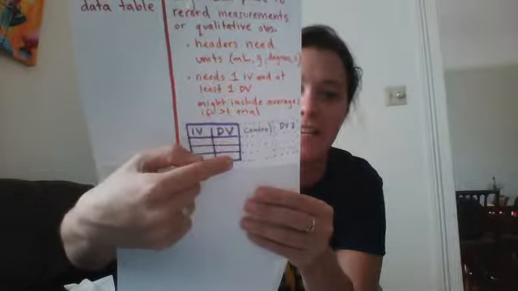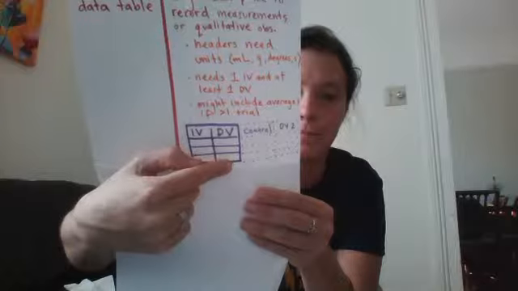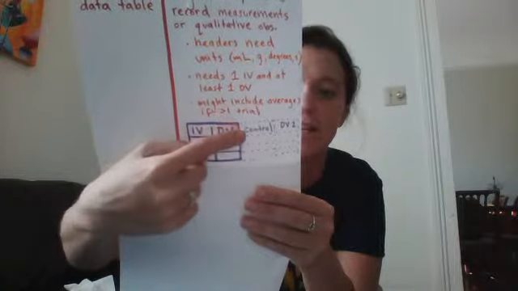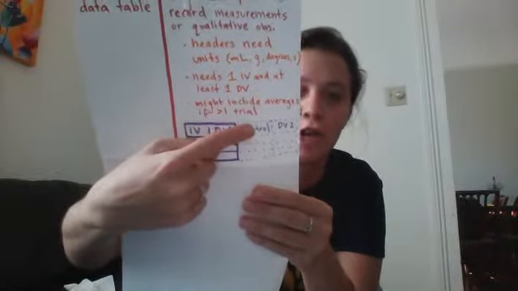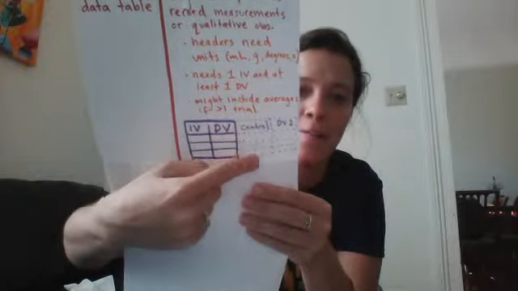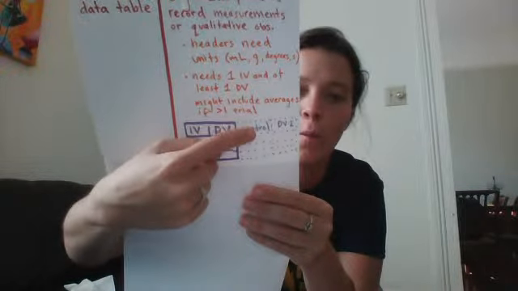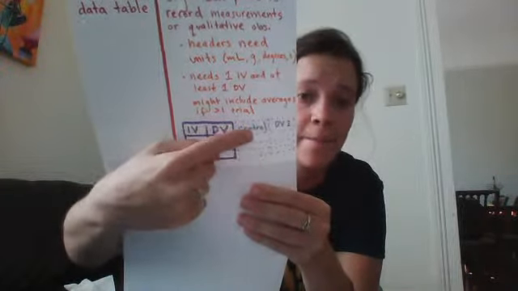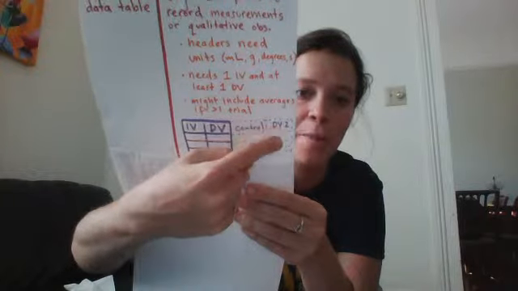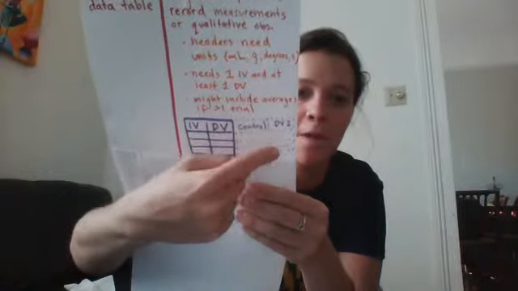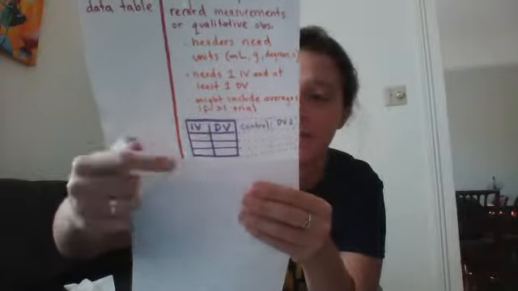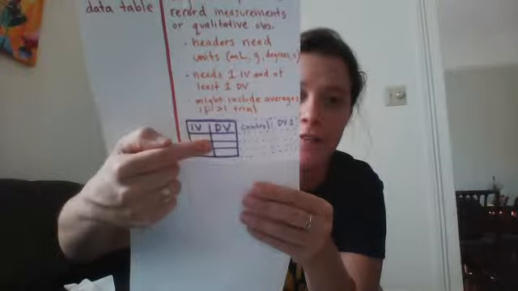So your DV is the next column. The next thing you're going to draw is the control variable. Sometimes it might tell you what was stayed the same. And in some graphs, you might have another dependent variable. But the two things you absolutely need to have are your IV and your DV.